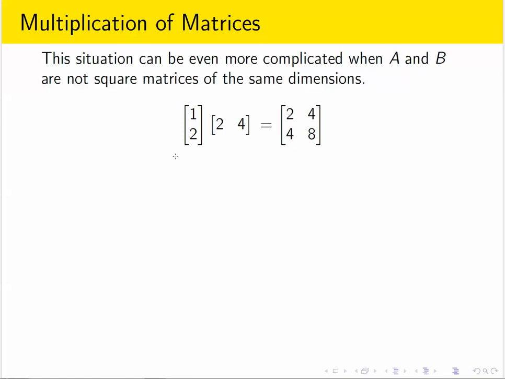That's because this is 2 by 1, and this is 1 by 2, and so the result of the multiplication is a 2 by 2 matrix. But if I change the order, now I have a 1 by 2 on the left and a 2 by 1 on the right, and the result of the multiplication of those matrices will be 1 by 1.